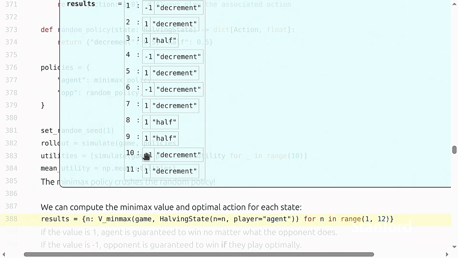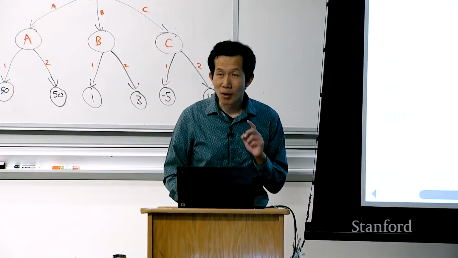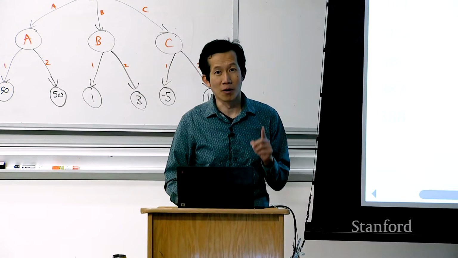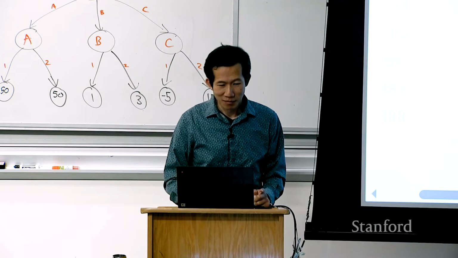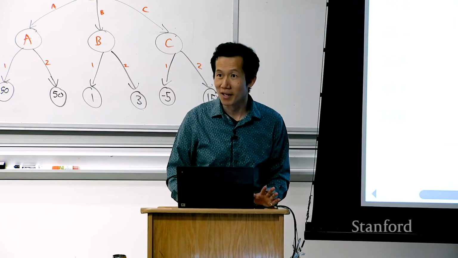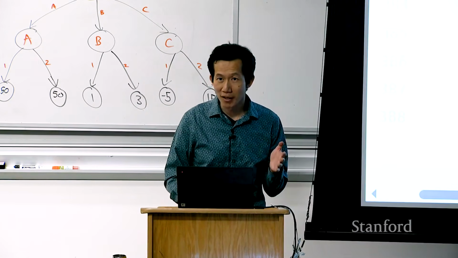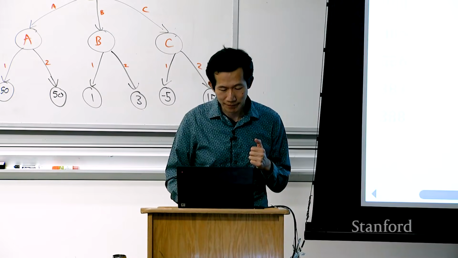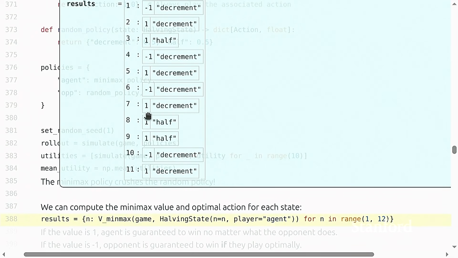What does a minimax value of -1 mean? It means the opponent is guaranteed to win if the opponent plays optimally. But that doesn't mean all hope is lost, because if you're playing a weaker opponent, you might still win. On these states, the agent is going to win, and at 6, the opponent, if it plays optimally, is going to win, and so on.